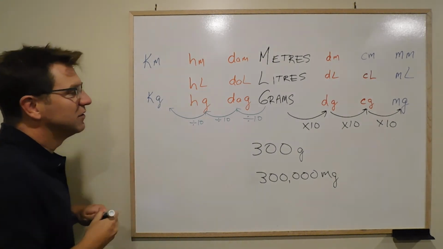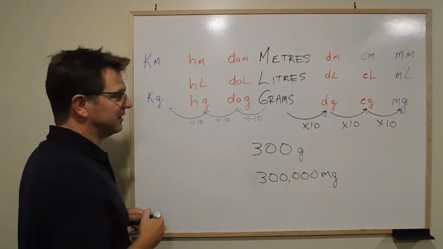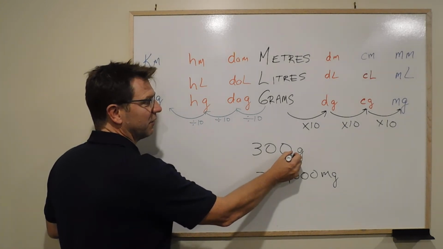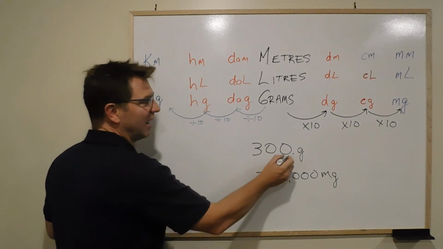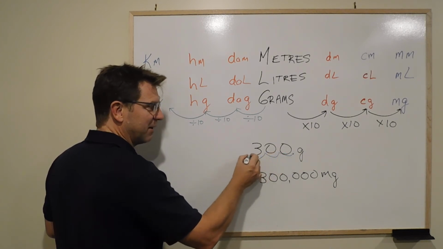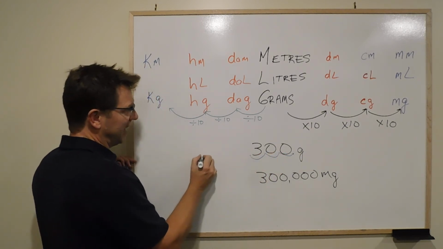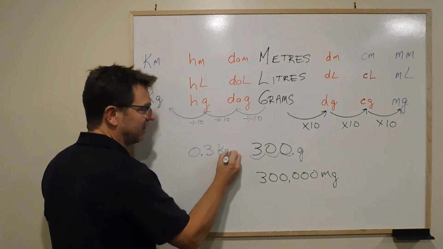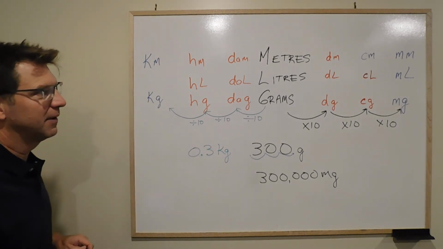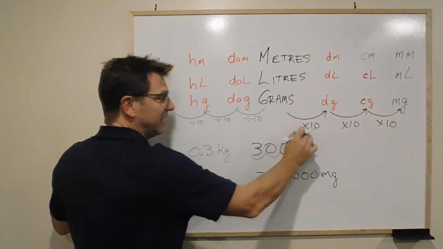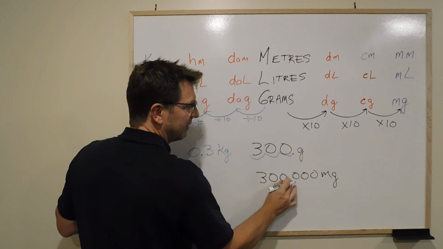So I take my grams, where my decimal place would be there, and I would actually get 0.3 kilograms.